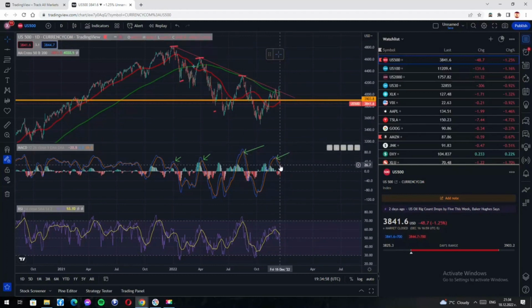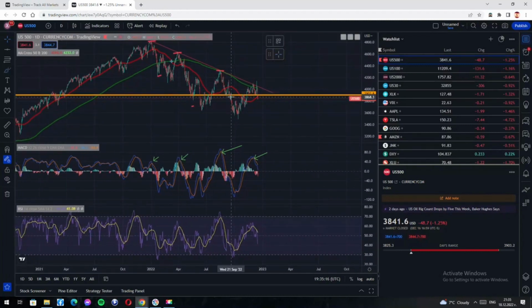Also, one more important thing to add, we have right now a bearish MACD crossover on the daily chart. As you can see, every time we've gotten this trend line rejection, we've also gotten these MACD rejections.